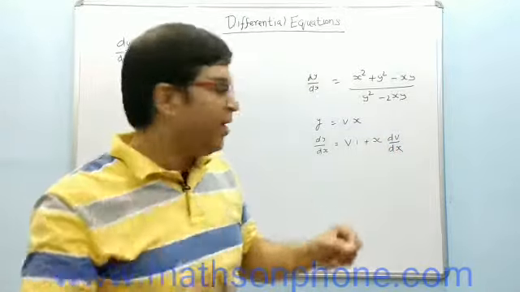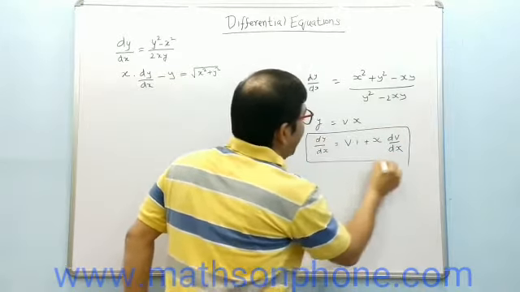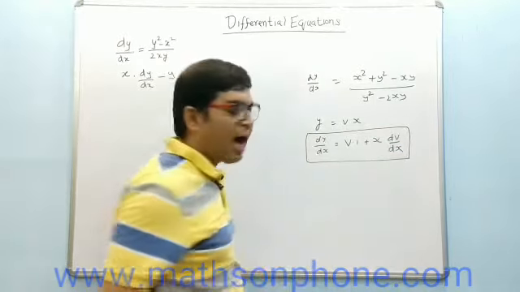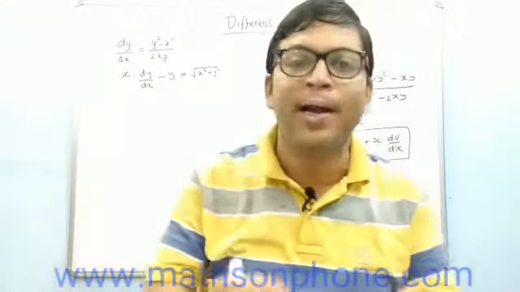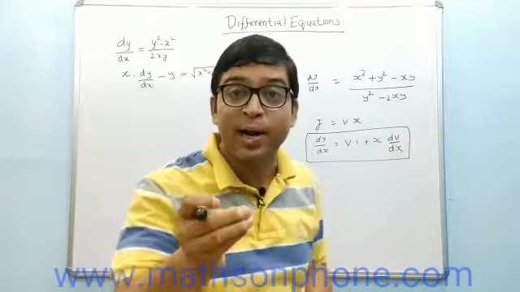That is very important. You write this all the time wherever you have to replace dy by dx. So just remember dy by dx is v plus x dv by dx.